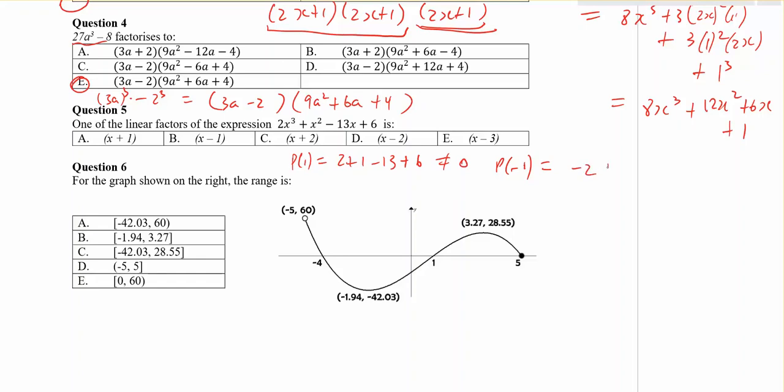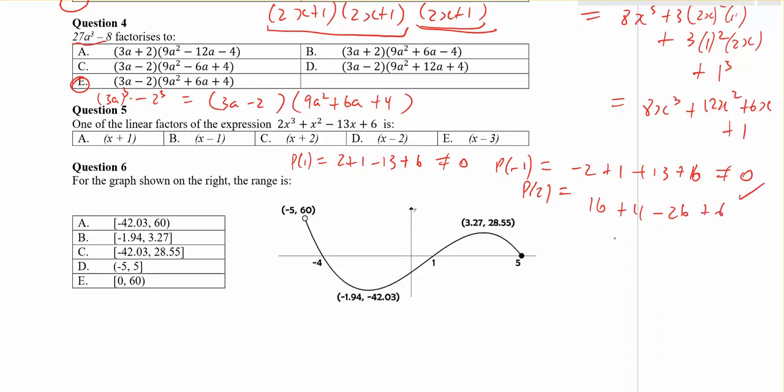No, it does not give you 0. Let's try P of 2. So 2 cubed is 8. 8 times 2 is 16. 2 squared is 4 minus 26 plus 6. Yes, that actually works. So x minus 2 must be a factor. So x minus 2, so easy answer.